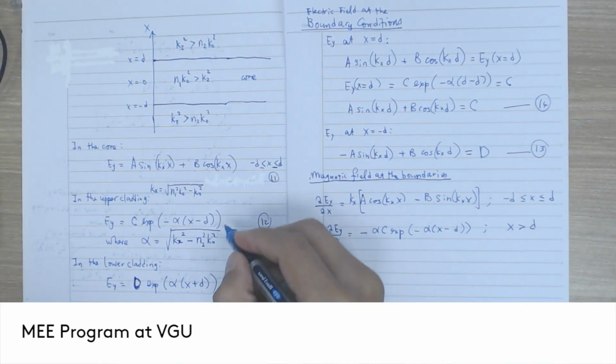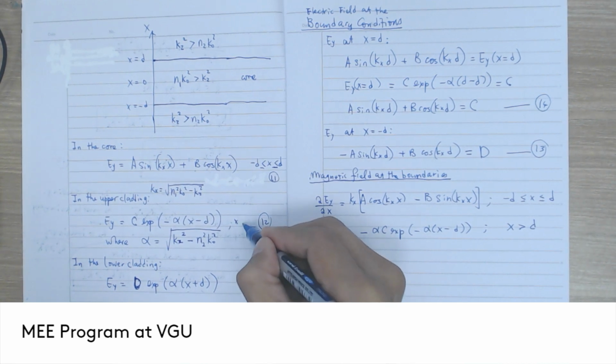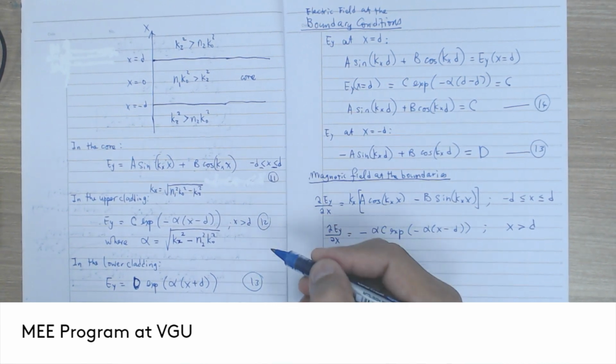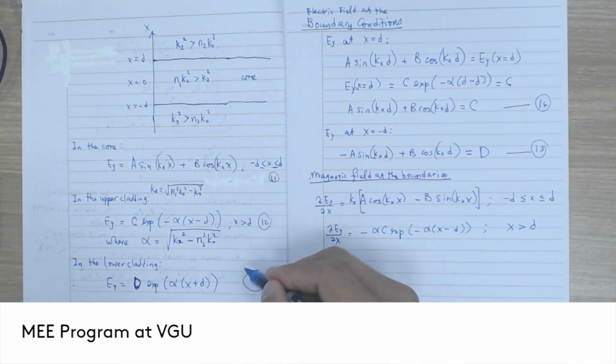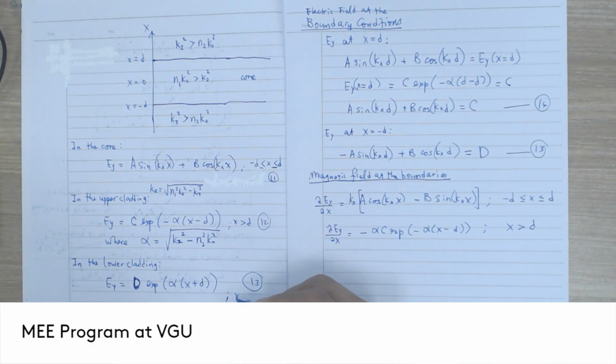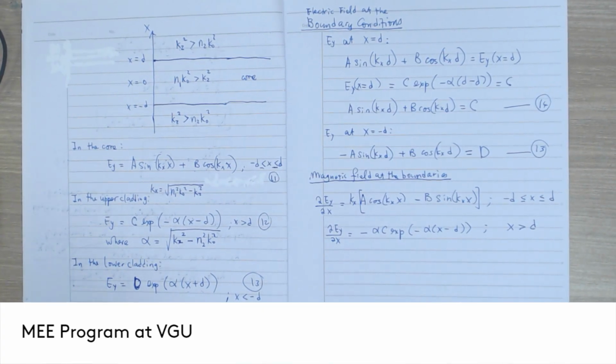I write it down here: x is greater than d. And for this one, x minus d. So again, we are going to do the bottom one.